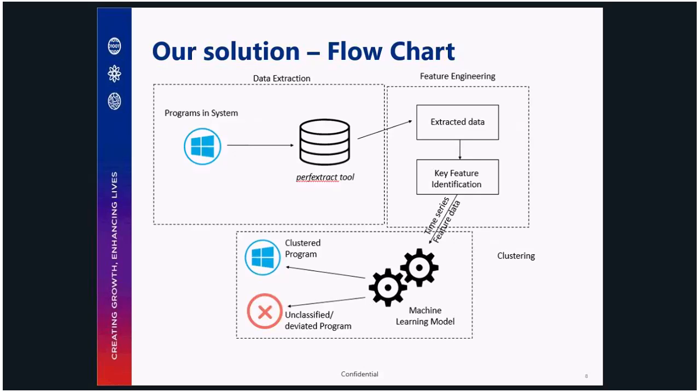Some microarchitectural events are constant throughout the program, or don't convey any program specific information, so we discard them. This is the key feature identification. The time series data for the key features are fed into the ML model, and then we see the clusters.